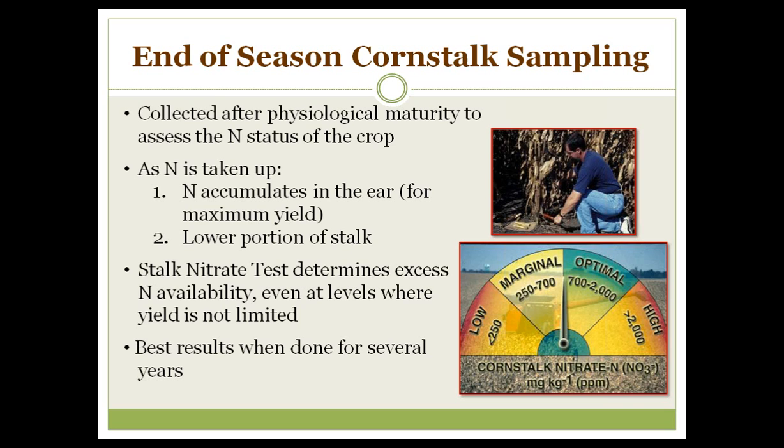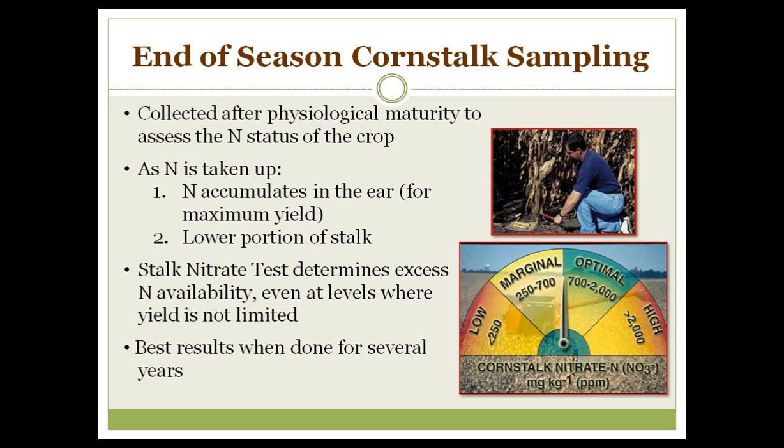So specifically on cornstalk sampling, it's collected after physiological maturity to assess the end status of the crop. So it is a post-mortem look at how your corn crop and your nitrogen that you applied worked together. Research has shown that as nitrogen is taken up, it first accumulates in the ear, and the plant's going to use all it can possibly do to get to the absolute maximum yield capacity of that plant.